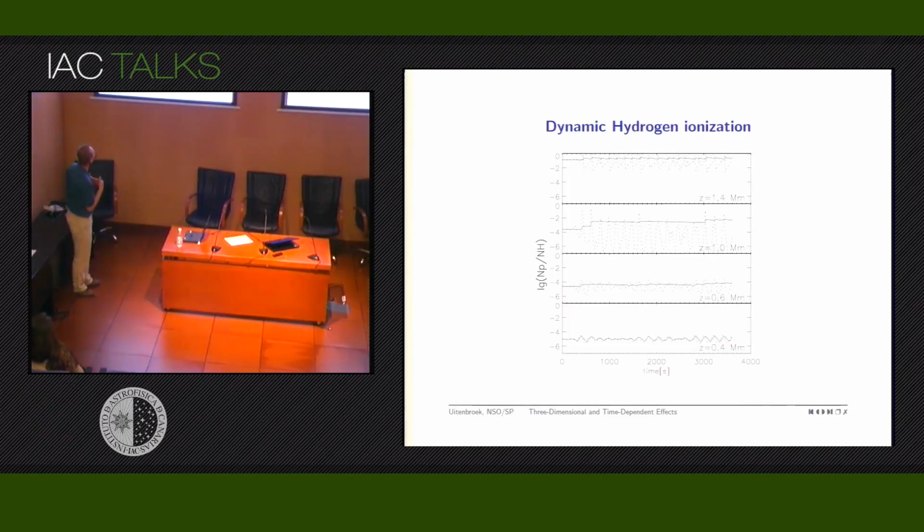And you see that higher in the atmosphere, the ionization is almost constant. So the atmosphere has no time to do any hydrogen recombination after the passing of the shock waves. So the electron density is much more characteristic of the levels that are predicted by the instantaneous equilibrium at the top of the shock waves, rather than the average of the temperature.